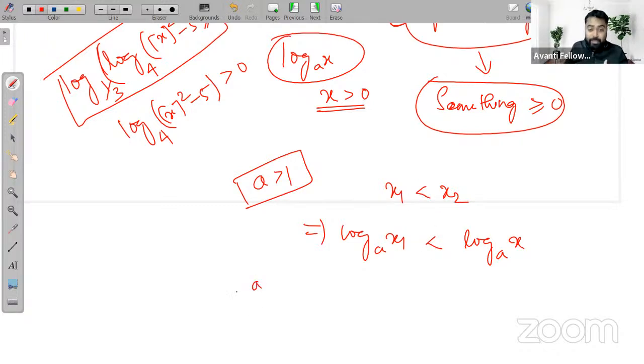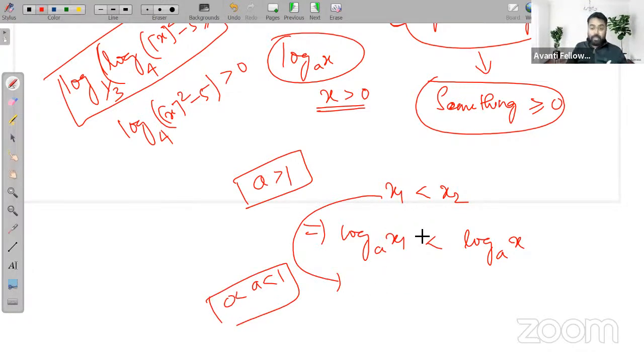If a lies between 0 and 1, the sign of the inequality will be changed. In this case, after taking the logarithm on both sides of x1 less than x2, log of x1 to the base a will be greater than log of x2 to the base a. These are the concepts we will use. This is all about your logarithmic inequality.